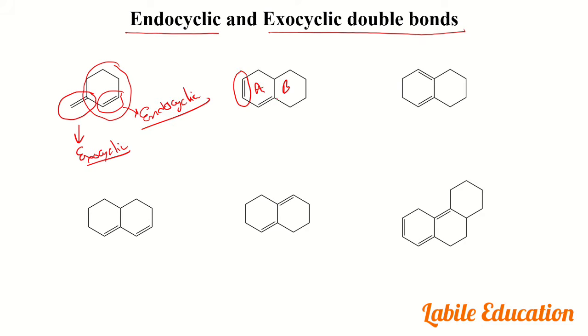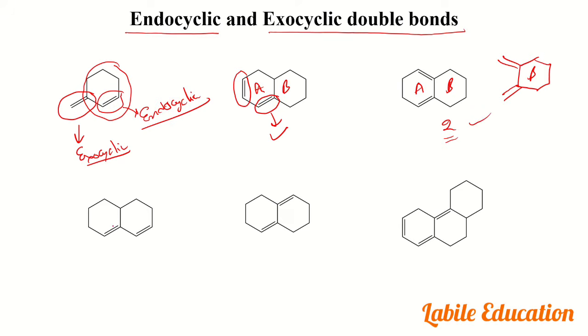This is also endocyclic for A, but this is exocyclic for B because this is outside of the ring B. Here both the double bonds are endocyclic for A because the doubly bonded carbons of both the double bonds are part of the ring A. But for ring B, you can see these double bonds are outside of the ring. So these are exocyclic double bonds. So there are two exocyclic double bonds.